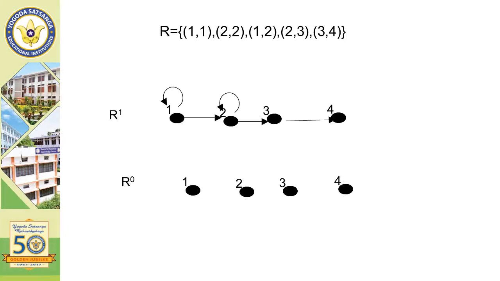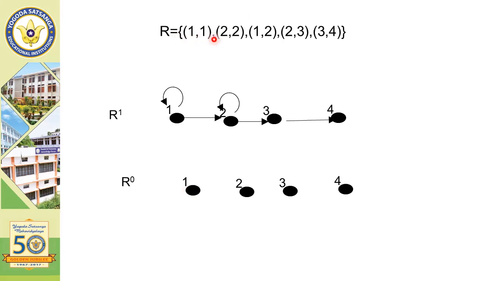Here is a relation showing different nodes and edges in a directed graph. R to the power 1 means path length 1, and R to the power 0 means path length 0.